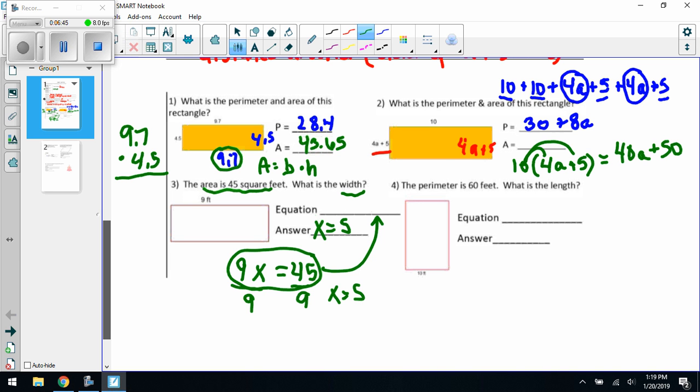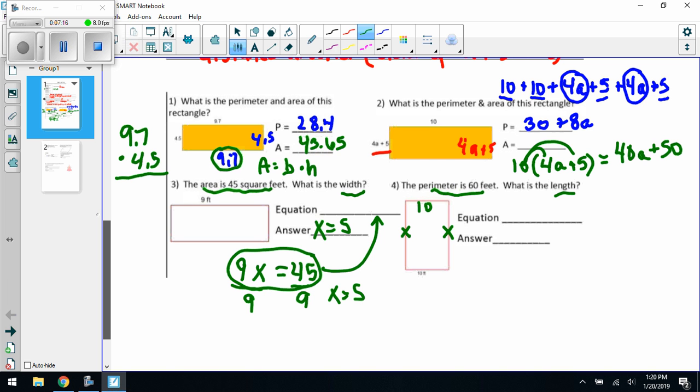Number 4, the case this time is perimeter, and it says perimeter 60 feet. So again, I'd underline key terms, and this time we're trying to find the length. So perimeter, as we know, is to add up all the sides of a rectangle. So if this is 10 foot, then this is 10 foot. We don't know what the two lengths are on each side, but I do know they're equivalent because it's a rectangle. So I'm going to give a variable for our unknown. So if that's x, then this is also x.